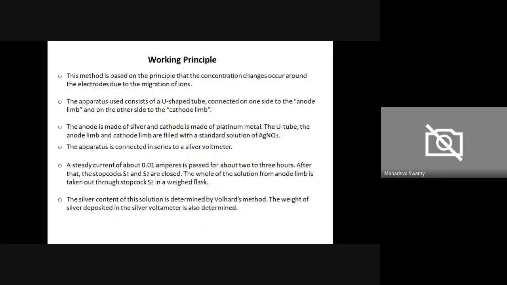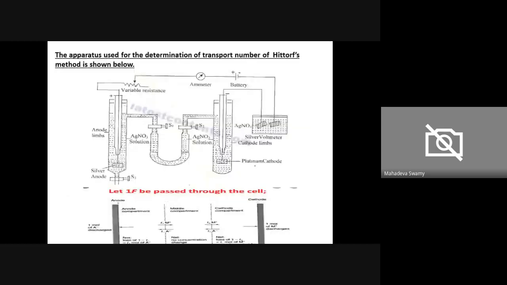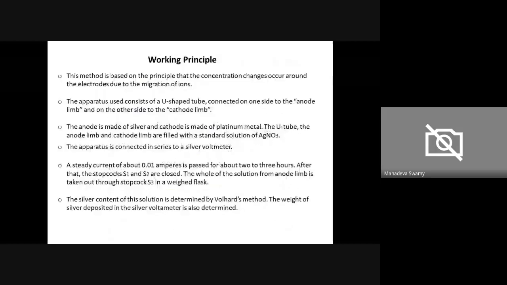Next, the whole of the solution from the anode limb is taken out through stopcock S3 into a weighed flask. The silver content of this solution is determined by Euler's method.